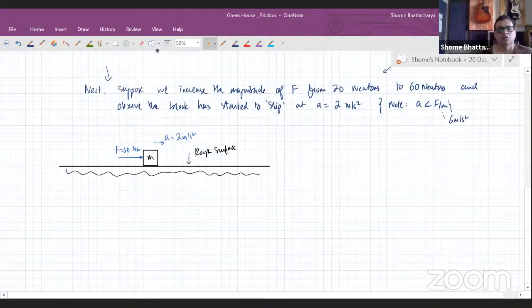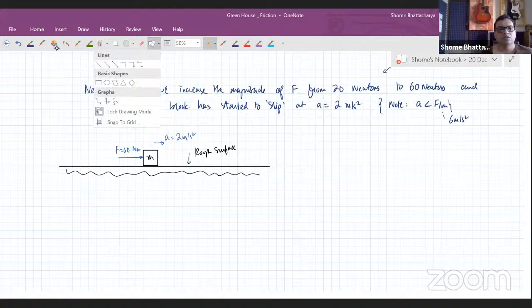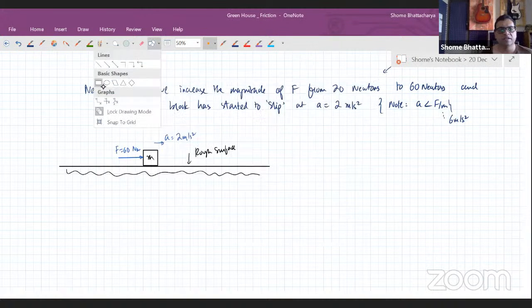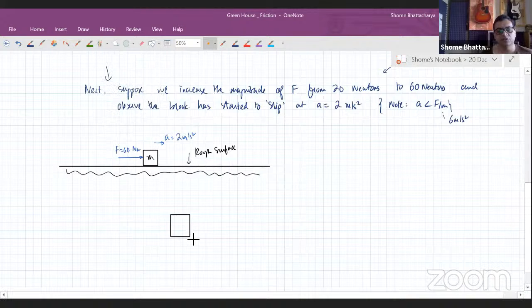Okay, so now for us the conclusion becomes that there is friction acting, but that friction is doing a different job compared to earlier. This friction acting now is doing the job of reducing the amount of acceleration. It's not able to prevent slipping, but it is opposing slipping nonetheless.